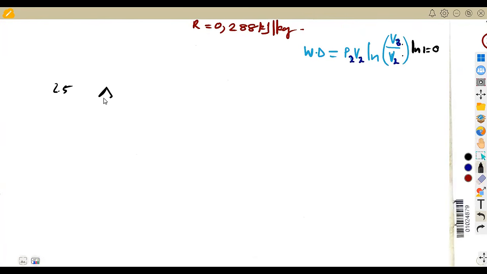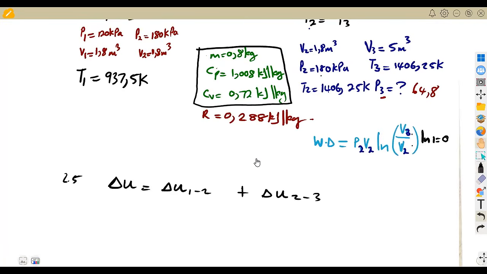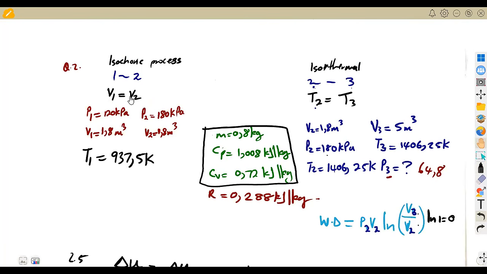So we're going to have the change in internal energy between stage 1 and 2, plus the change in internal energy between stage 2 and 3. Between stage 1 and 2, the change in internal energy is equal to the heat added or rejected.